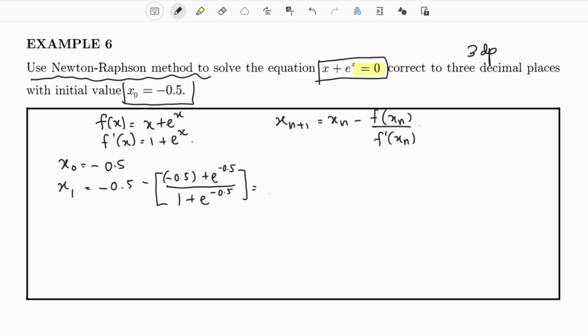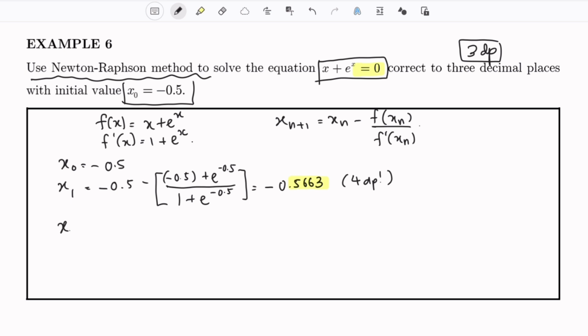Press your calculator, and you will get negative 0.5663. If you look here, we have 4 decimal places. Since the question asks for 3 decimal places, during workings it must be 4 decimal places.